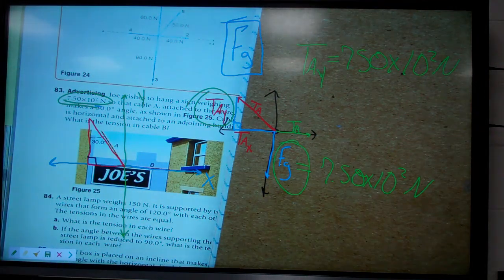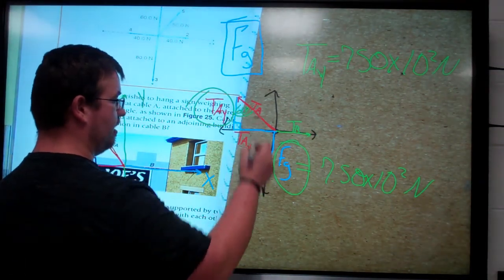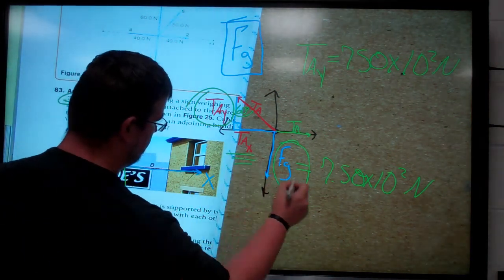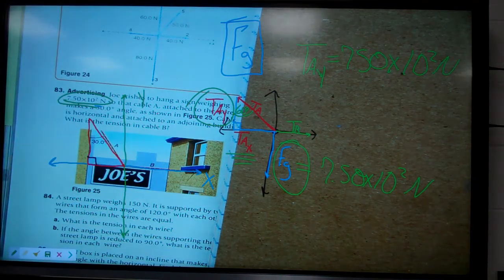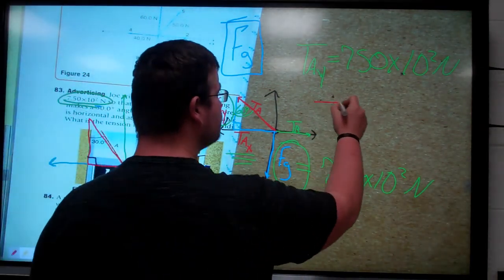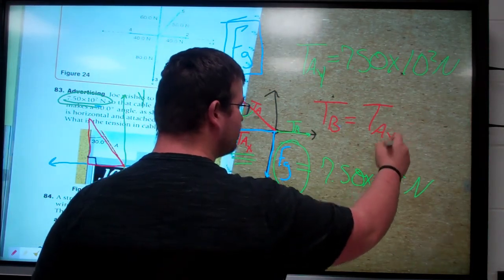Since you have that, you have an angle. What is opposing the tension of B? It's 30, not 60. So in that case, to find the tension of B, tension of B is equal to tension of A in the X direction.